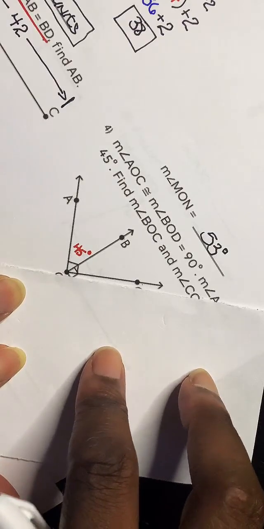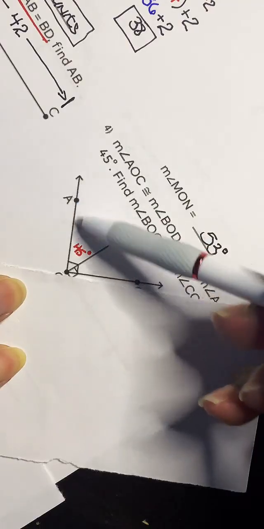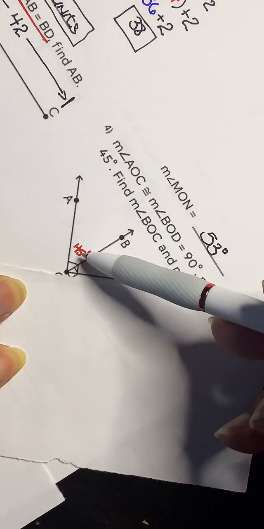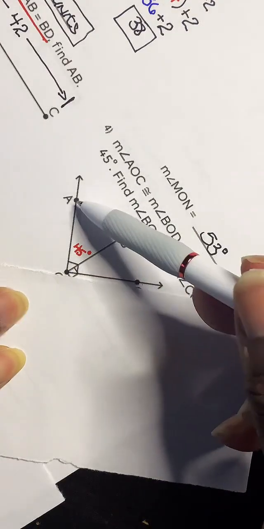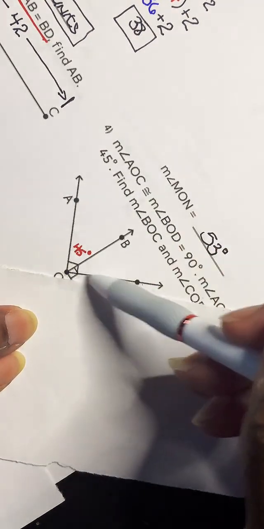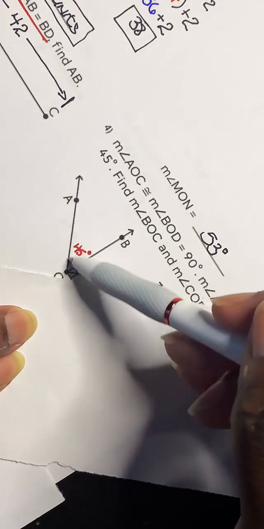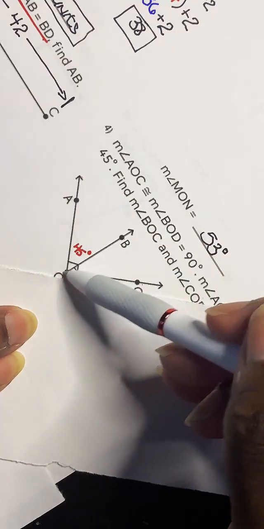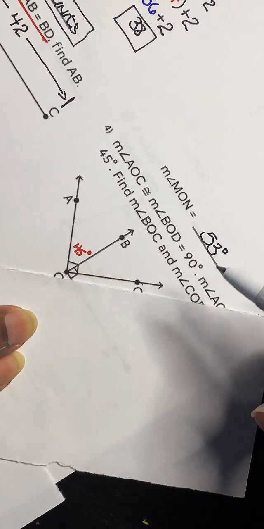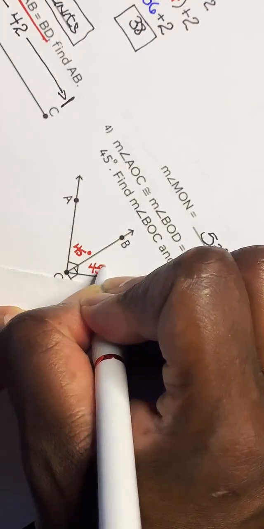So we can look at it this way with a complementary angle. If we know that AOC, which is this whole angle here, is 90 degrees, and this angle here, AOB, is 45, 90 minus 45 would give me 45.